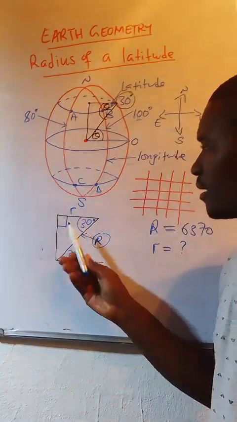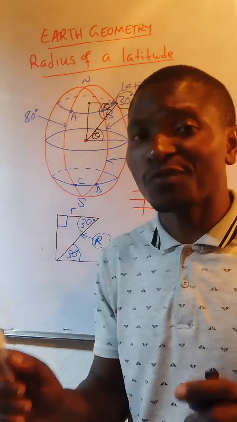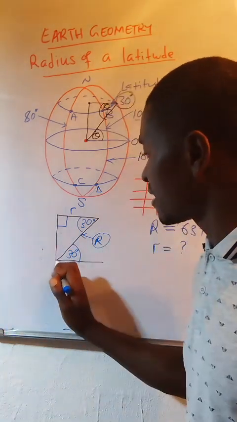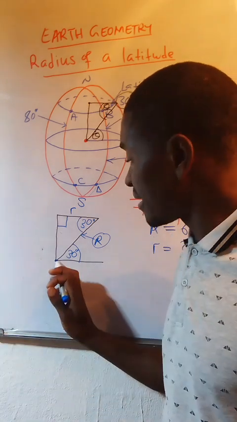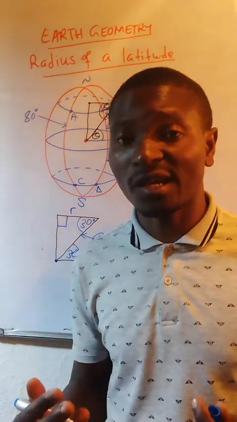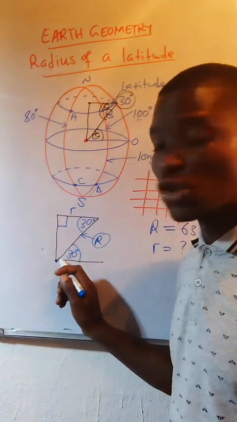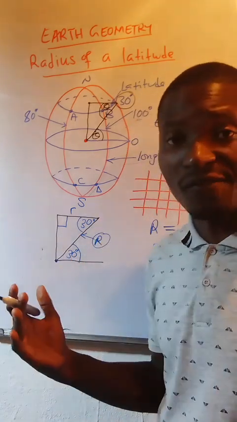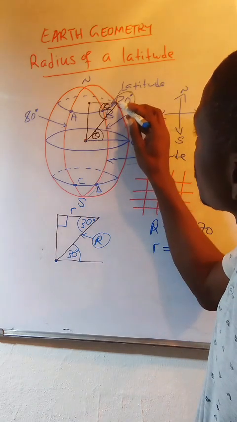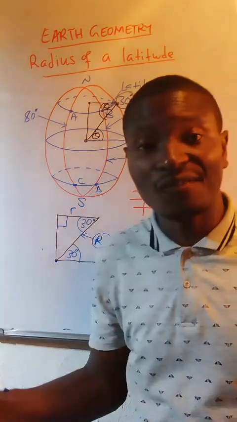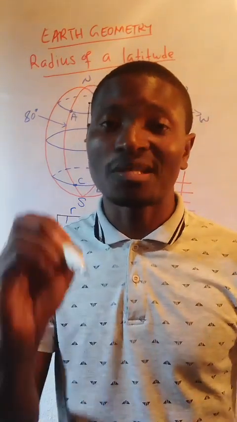Now, when you look at this small arrow, it is actually not coming from the center of the Earth. Now, from the center of the Earth, it has this point, okay? Right at this point, that's where the center of the Earth is. So this implies that from the center to any point on the circumference, that is the radius of the circle from the center.